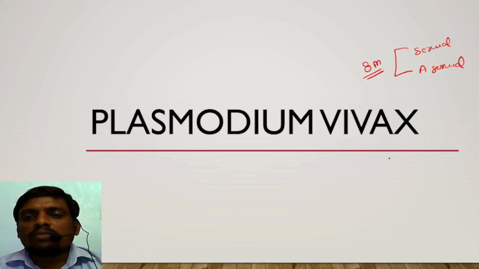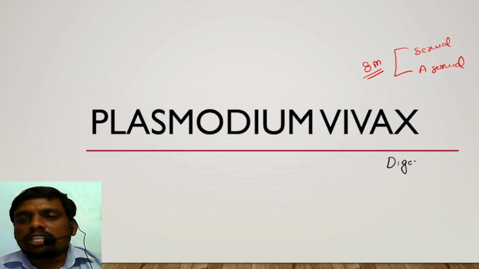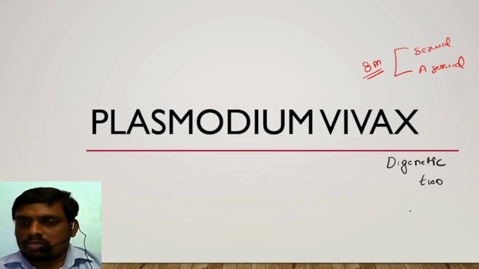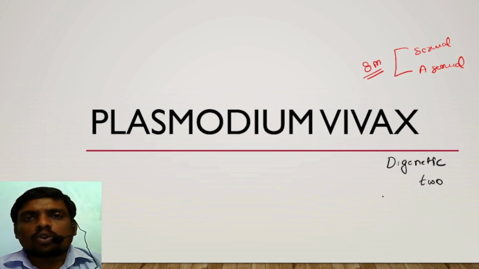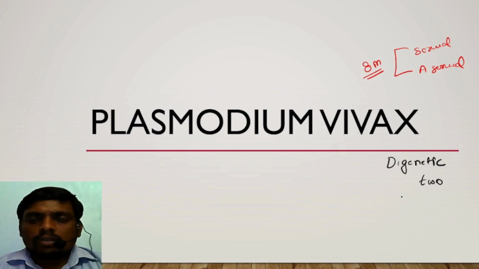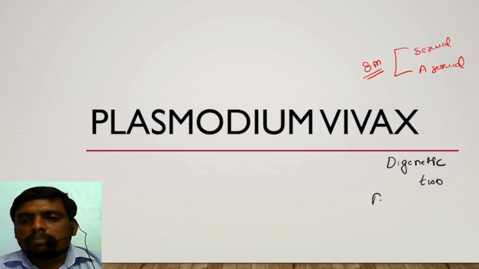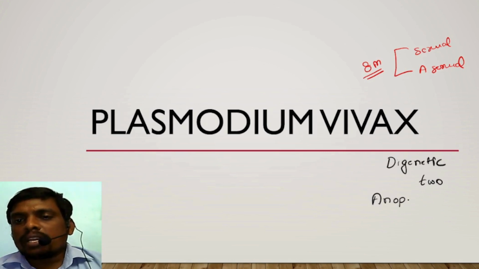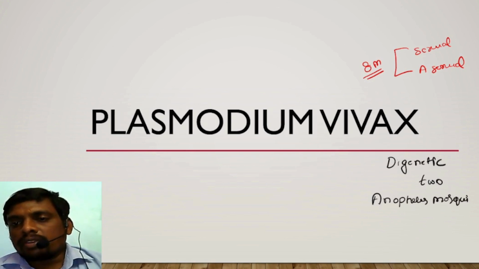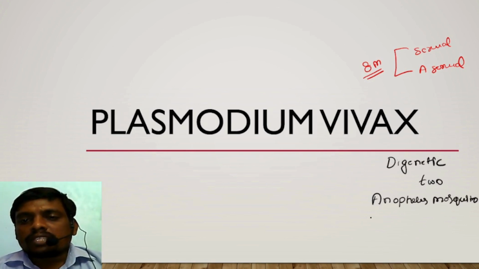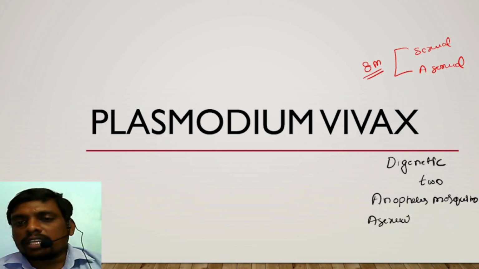Plasmodium vivax is basically a digenetic parasite. It completes its life cycle in 2 hosts, that's why it is called a digenetic parasite. It completes its sexual phase, sexual reproduction, in the female Anopheles mosquito, whereas it completes its asexual life cycle in man.